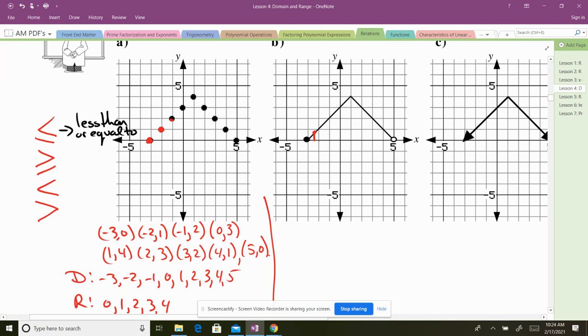The little line underneath means it's or equal to. I'll explain what these mean in terms of a graph in a second. When the little inequality faces the other way, it means greater than. And then the line underneath means or equal to.